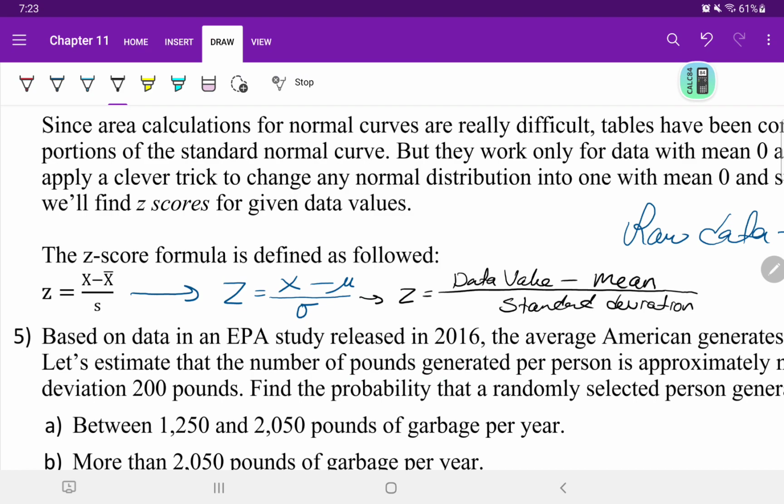If the area is shaded to the right, we are going to subtract the probability we get from the z-score from 1. And if the area is shaded in between, after we find the probability from the given z-scores, subtract them. The bigger probability minus the smaller probability. Okay.